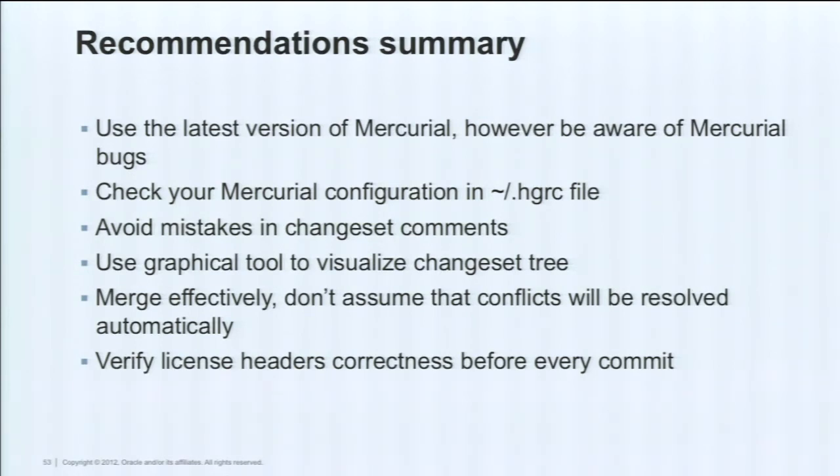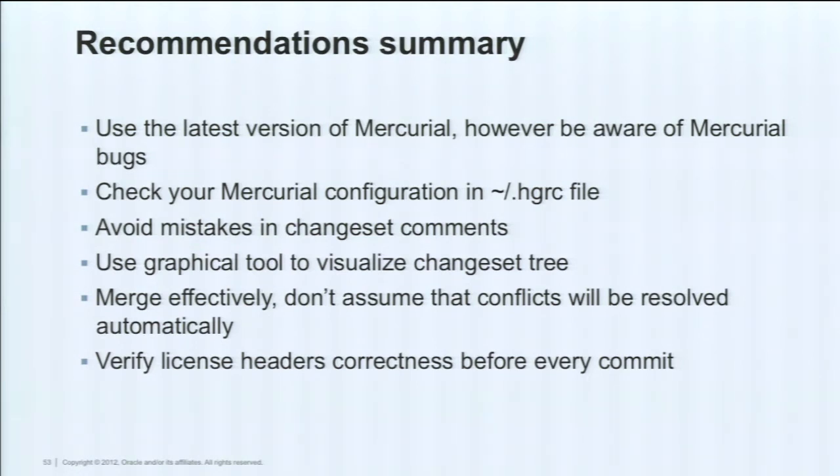However, you need to always be aware of Mercurial bugs, since Mercurial is open source and every open source development contains some bugs. And if you found any bugs with respect to the Mercurial tool itself, just report them to the Mercurial guys. They're actually pretty responsive, and you can find all the information on how to work with Mercurial in the Mercurial guide that I'm going to provide in the next slide.